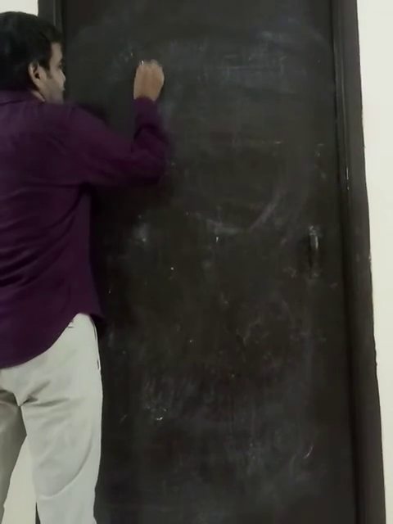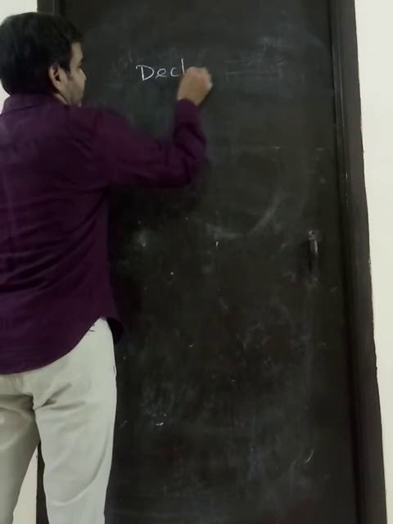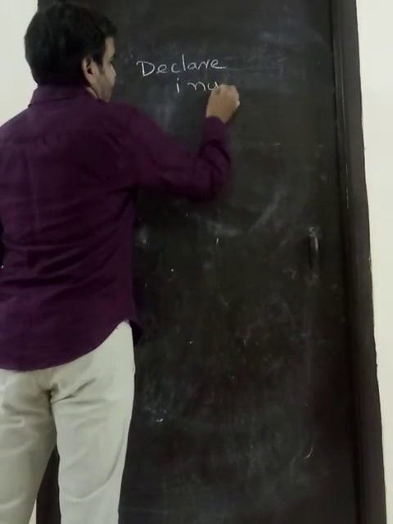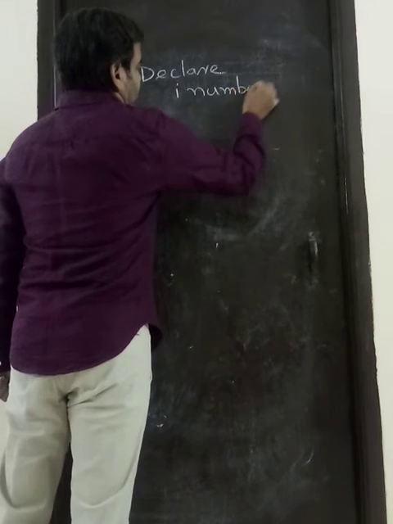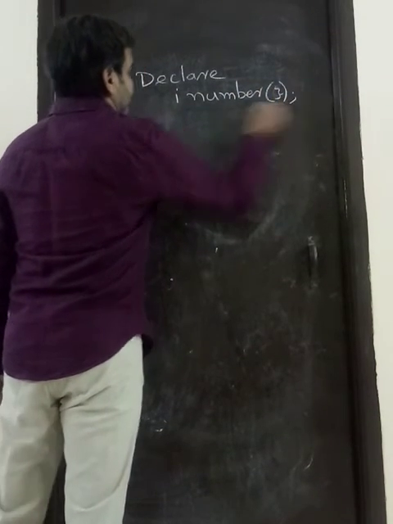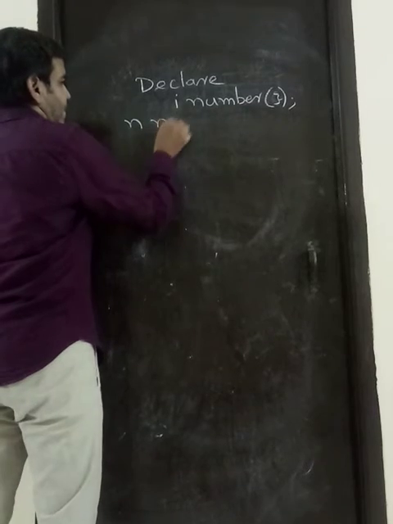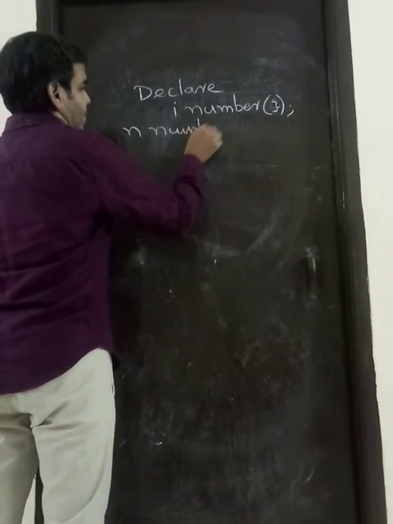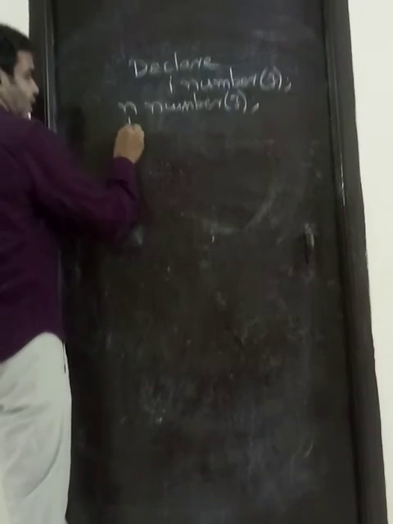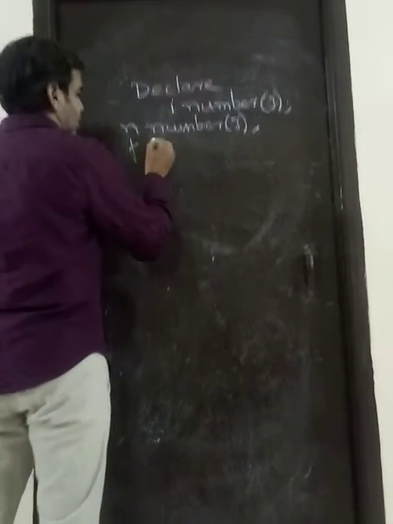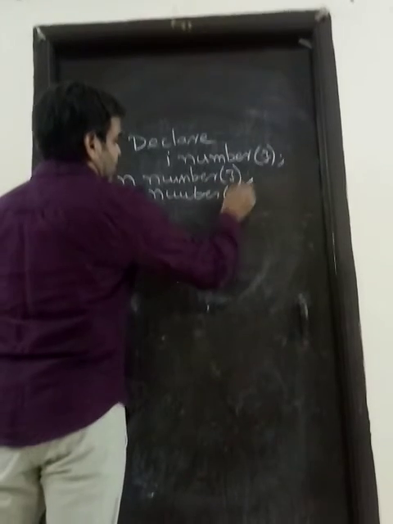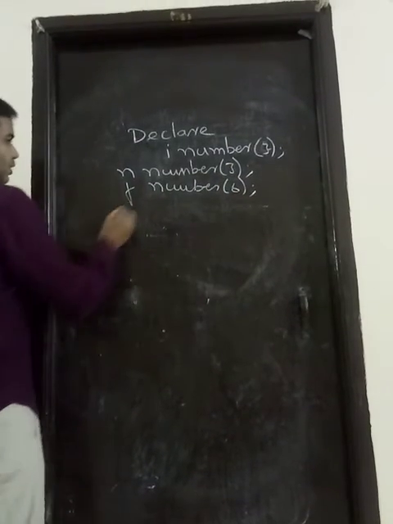First of all, declare. I number of 3, n number of 3, and f for factorial, number of 6, because I am taking a high size. Then begin.